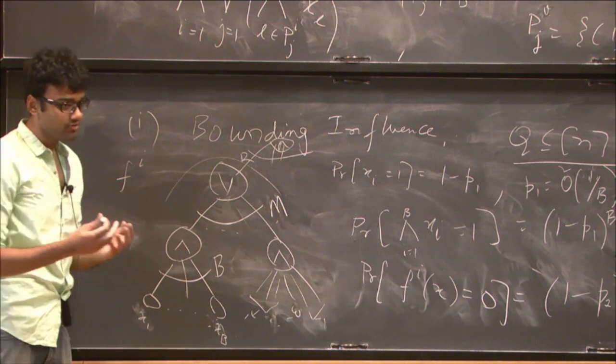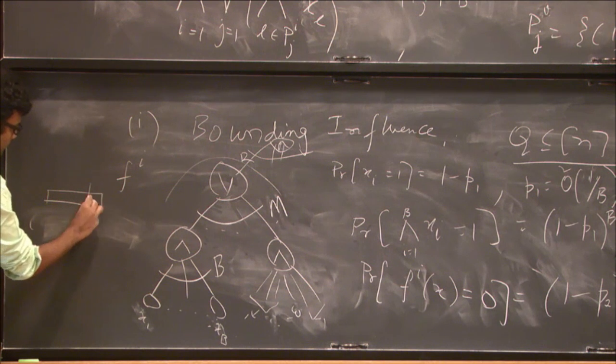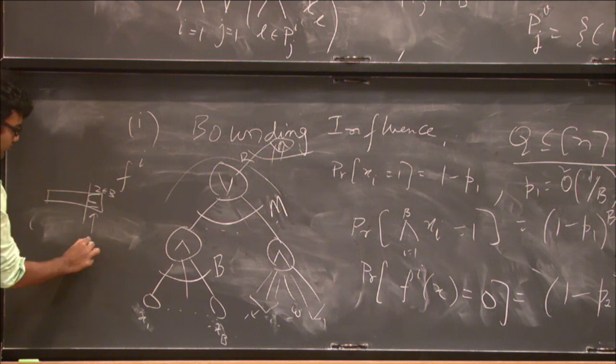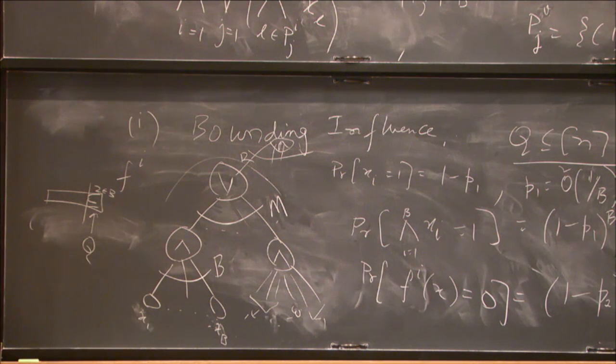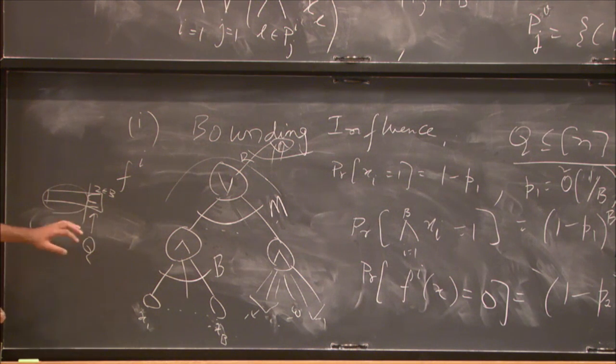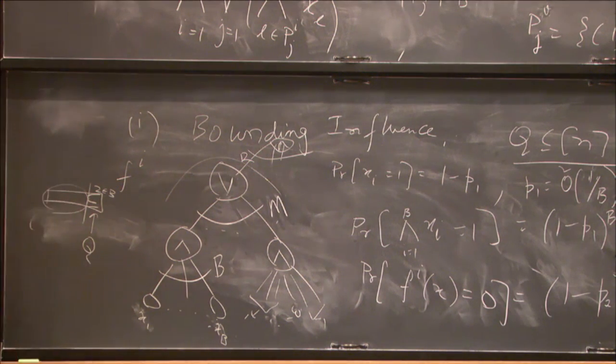In a good partition, in each block there are at most 2 epsilon b entries from Q, and most entries are not from Q. We want all of them to be 1, and that has very low probability. That's where we get a better influence. It's like taking the same function but with smaller blocks.